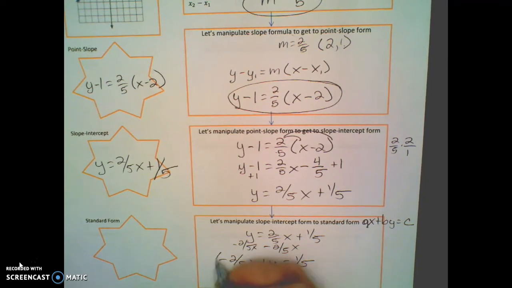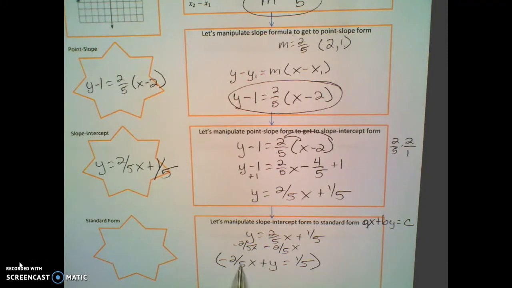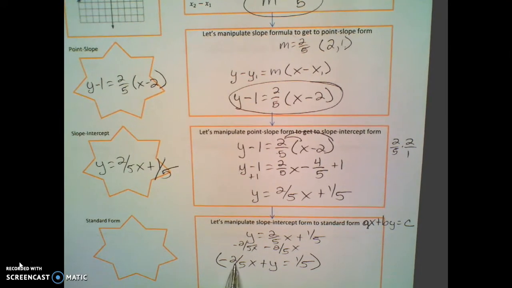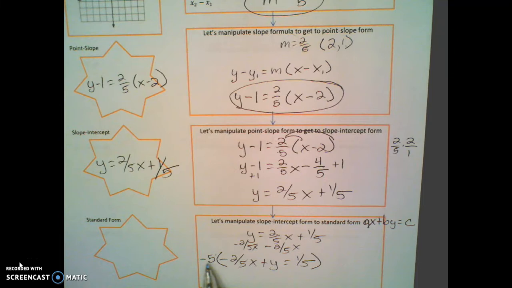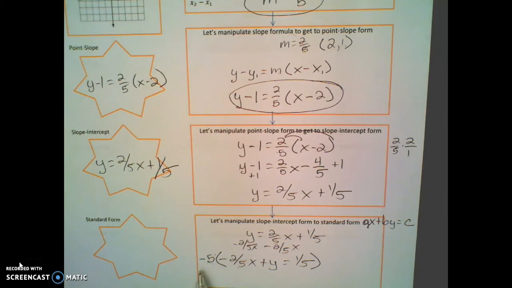Now, there's only one standard form of each equation, and it's got whole numbers as coefficients, and our a is going to be positive. So in order to get a to be positive, I'm going to multiply by a negative number. And in order to get rid of the fractions, I want this to be a whole number, so I'm going to multiply by 5. If I multiply this by negative 5, it's turned into a whole number, and it also becomes positive. So my 5s, 5 divided by 5 is a 1, and then we multiply that by the 2.